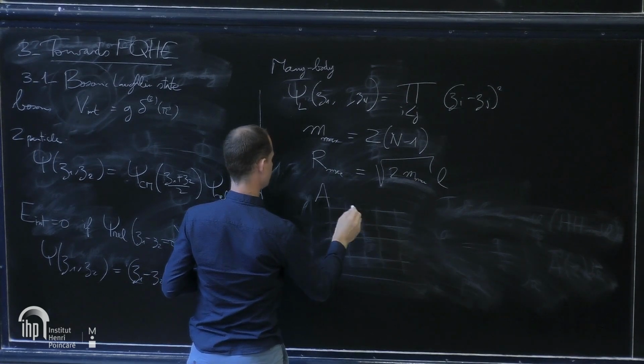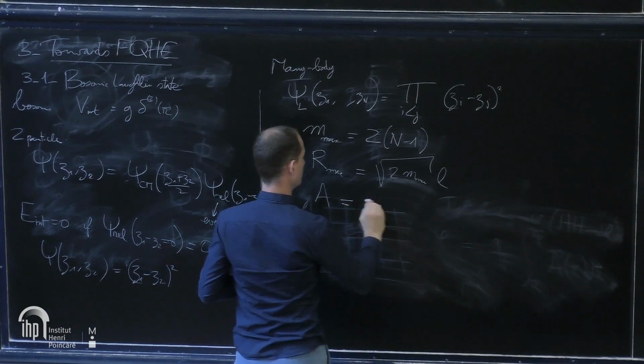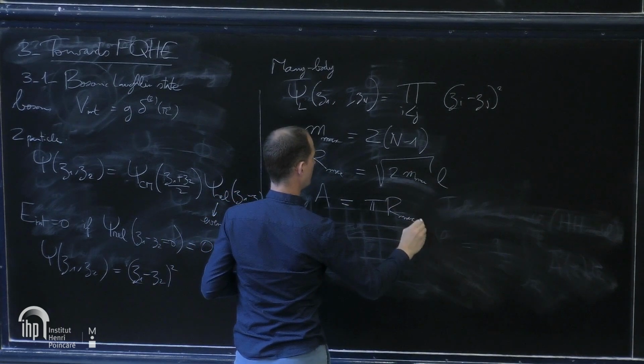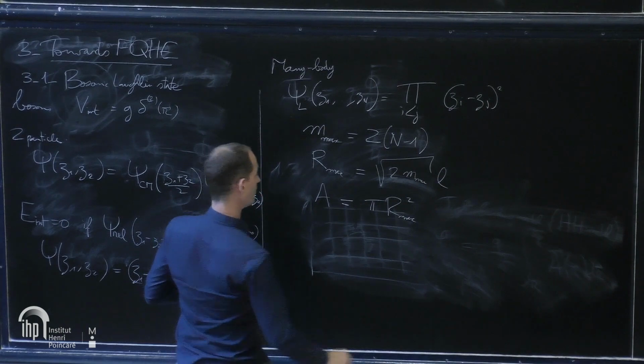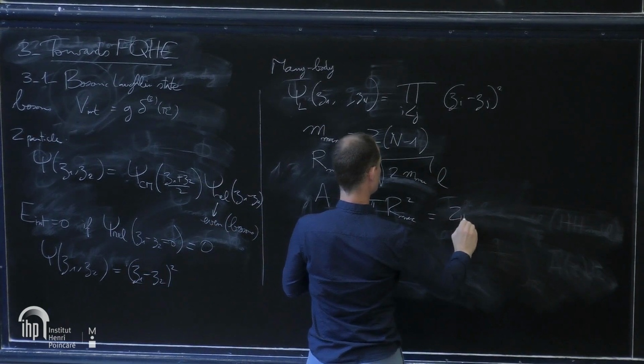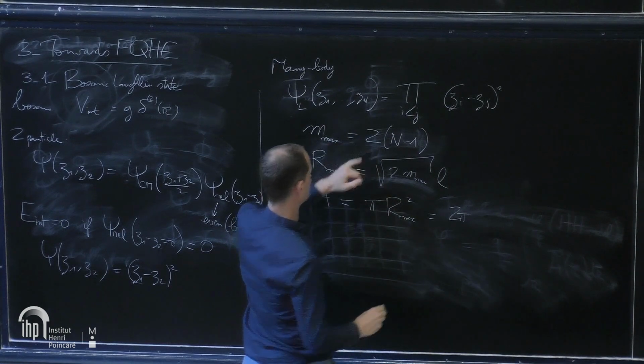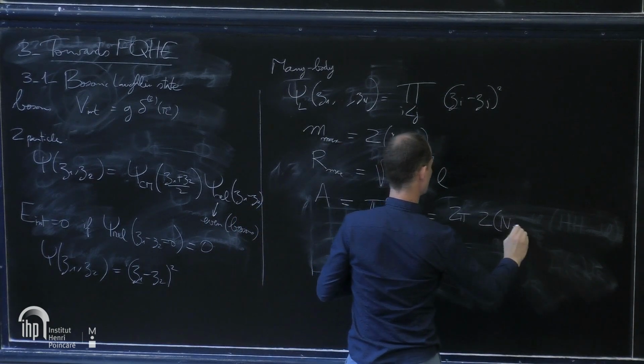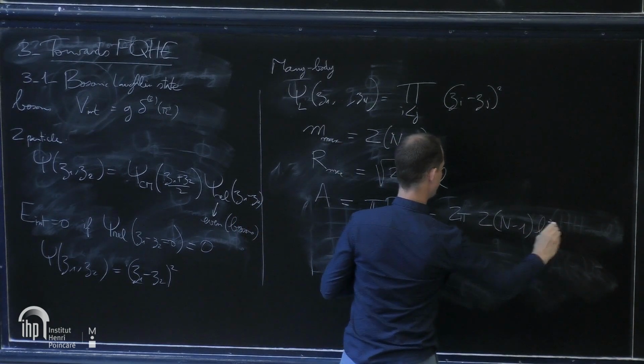So the area, which is pi r max squared, will be given by 2 pi times 2n minus 1 L squared.